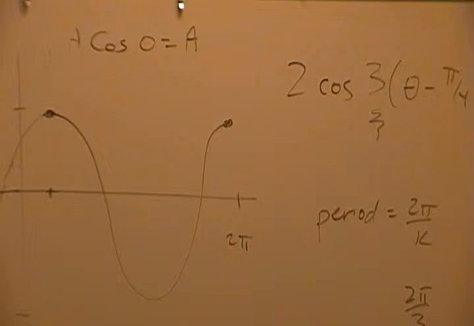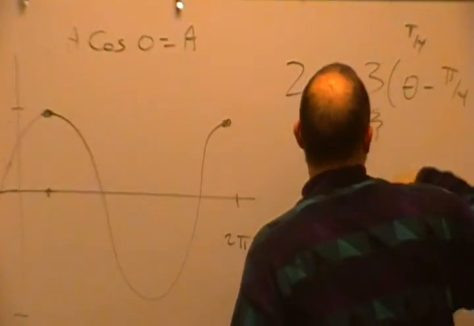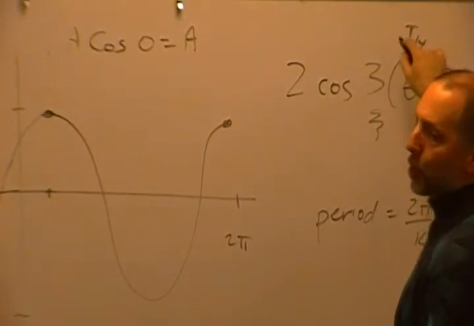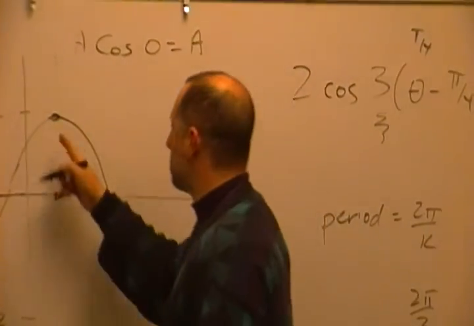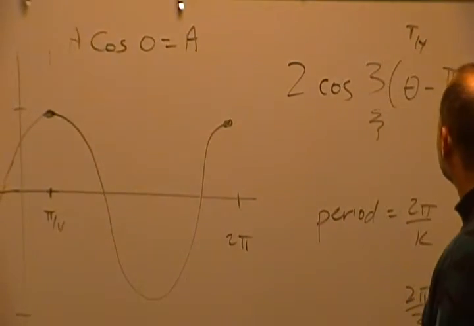If this is at 0, let's ignore the 3 for a second. At pi over 4, that should be our maximum peak. No, because when that's at pi over 4, this whole thing is 0, and that's when it hits its peak. Okay, so it's correct.